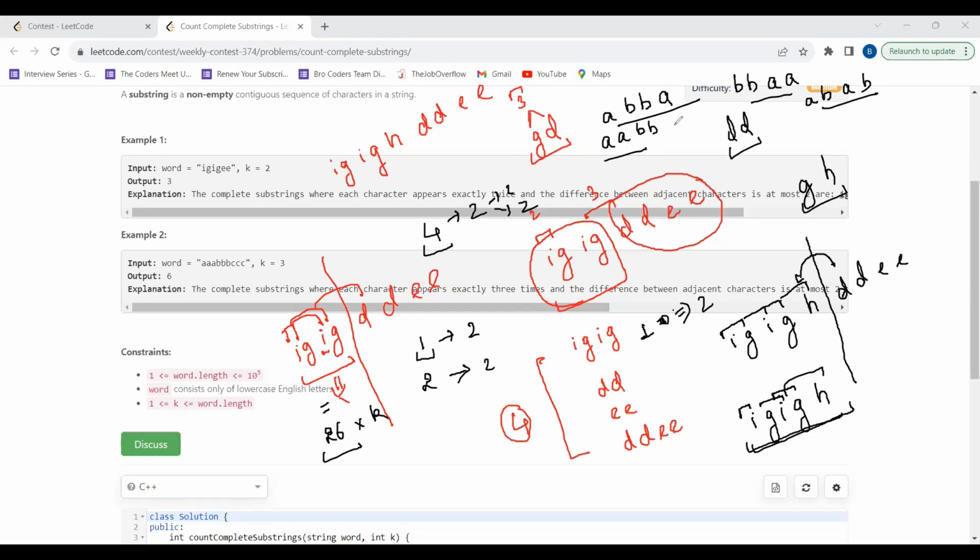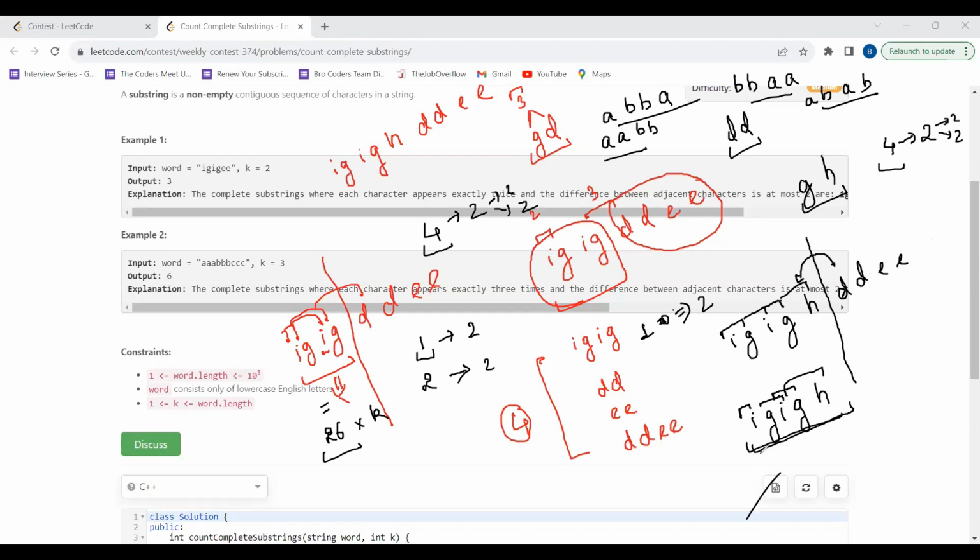So I want exactly 4 length substring in which we need to have two unique characters, and each of them should be occurring exactly 2 times. Is it clear? Clear, everyone? Perfect. So let's check here.